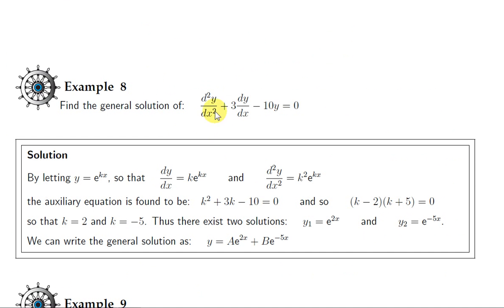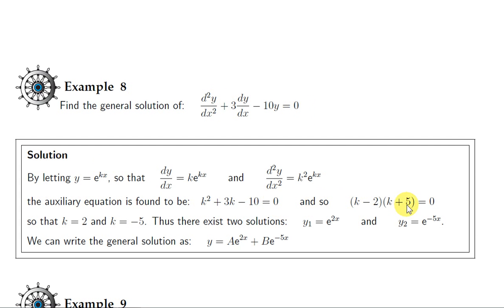So let's take some examples. Here's a constant coefficient differential equation. The auxiliary equation that goes with it is k squared plus 3k minus 10 equals 0. So we just have to solve this. We don't have to show the plugging in of e to the kx anymore because we know we are going to end up with this auxiliary equation whose solutions give us the values of k for the functions that solve this differential equation.